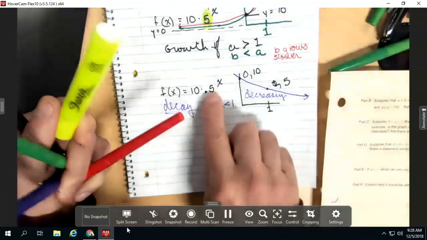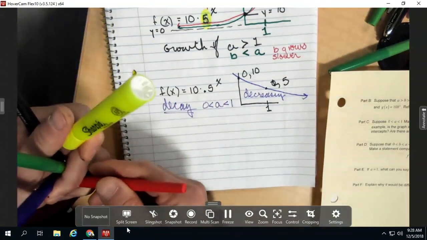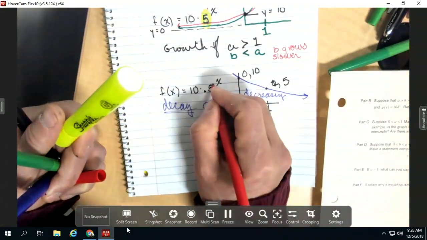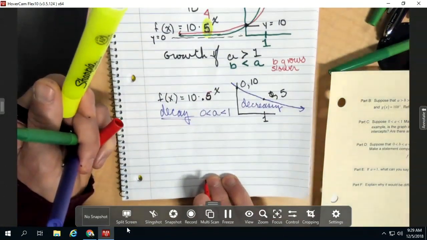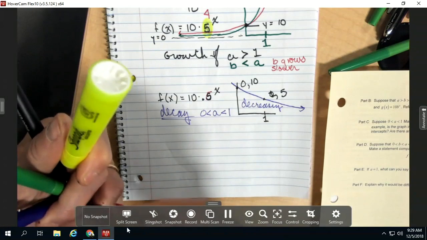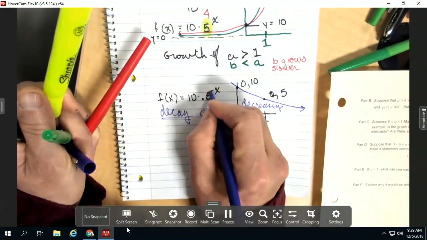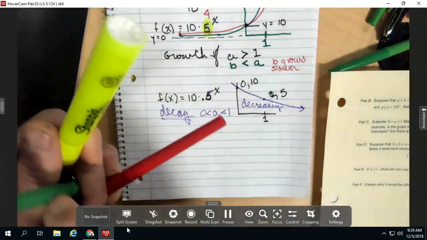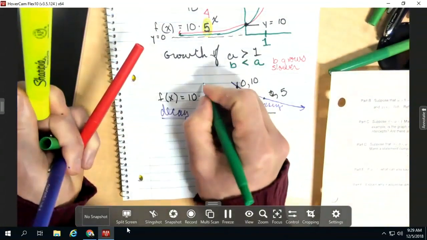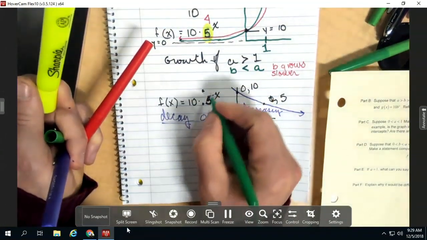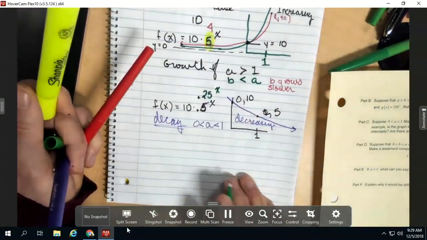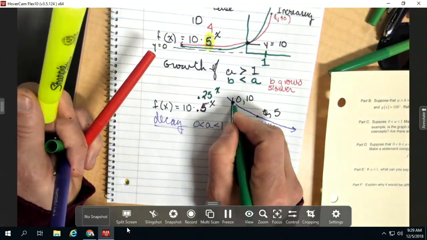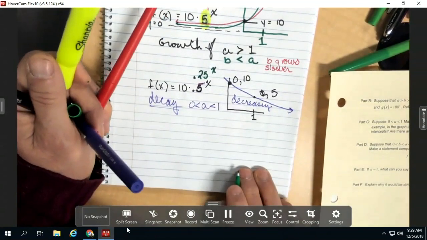Let's choose a different value besides 0.5. Give me another value that we could have had. 0.25. Okay, so that would be exponential quarter life, right? 0.25 to the x. So everybody agree it's going to go through over 0 up 10.